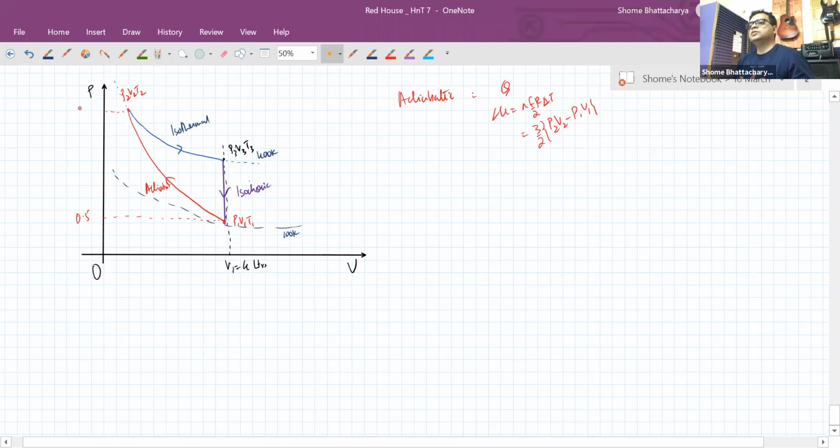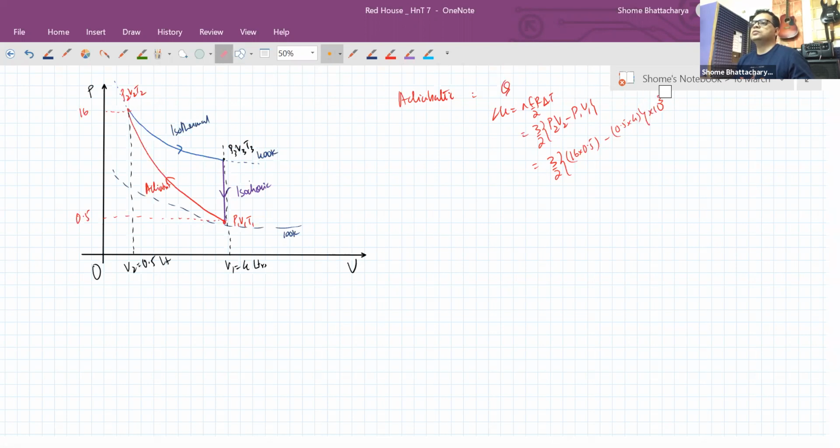So this pressure was becoming 16 atmospheres, because this volume was half a liter. So delta U is going to be positive. 16 into 0.5, that is 8, minus 0.5 into 4, that's 2. Okay. So 3 by 2 into 6, that's 9 atmosphere liters.